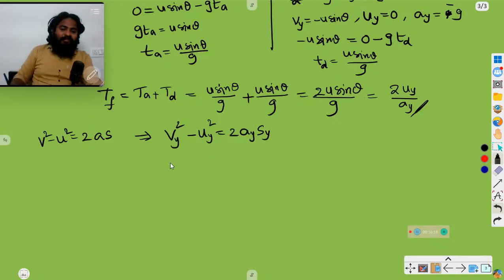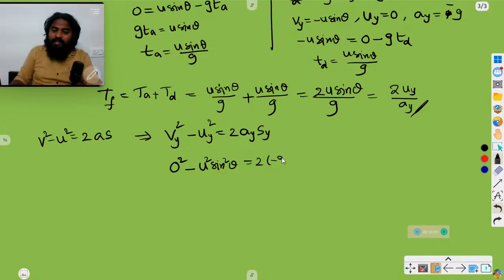Here vy square, we know already, at maximum height is 0 square, minus uy square, in the sense u square sine square theta, is equal to 2 into minus g, because we are projecting vertically upward, right? Minus g into sy, in the sense h max. Clear?